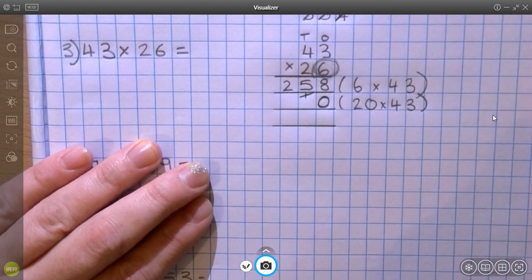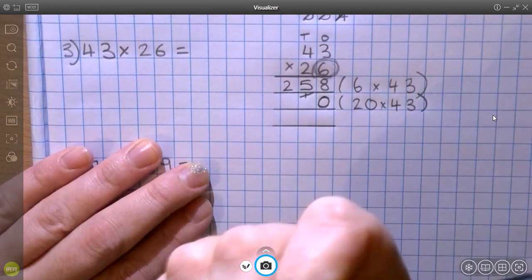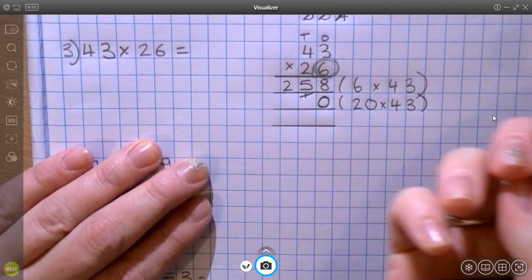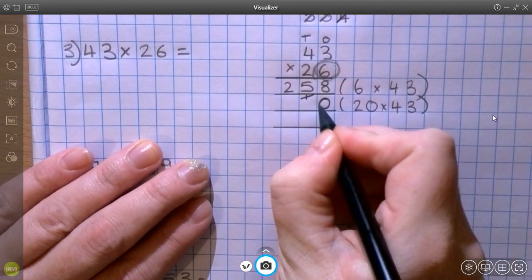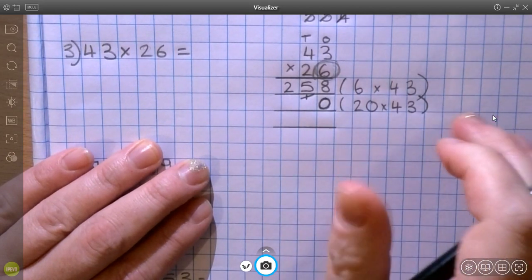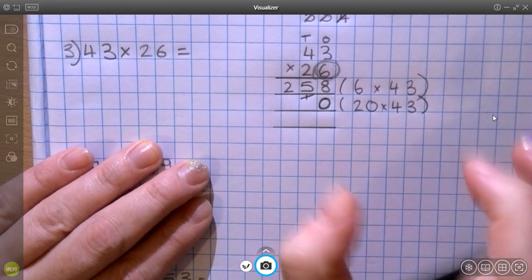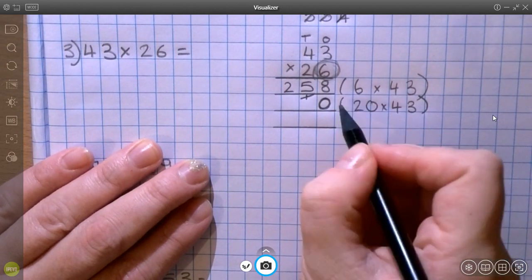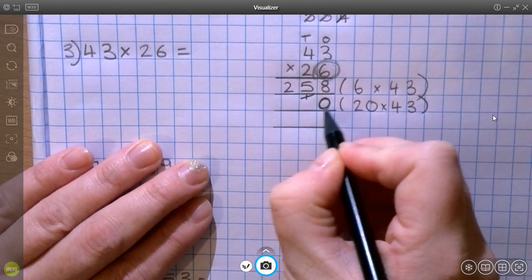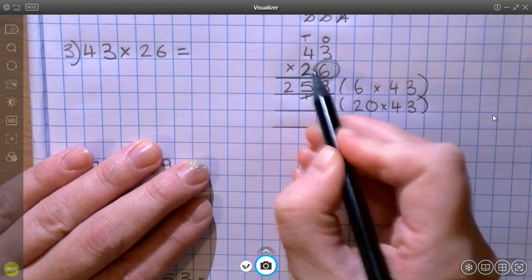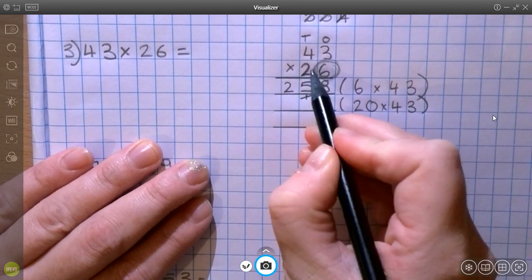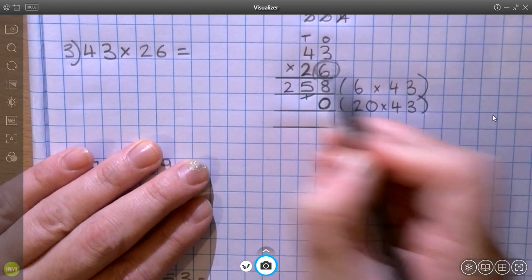Remember that Total Recall, when our answers were 10 times bigger, it had that 0 placeholder on the end. So I need to put that in straight away. And some of you are still forgetting to do that, and that is the key part of long multiplication. So put that 0 in when you're multiplying the tens column, because it's 20, not 2.